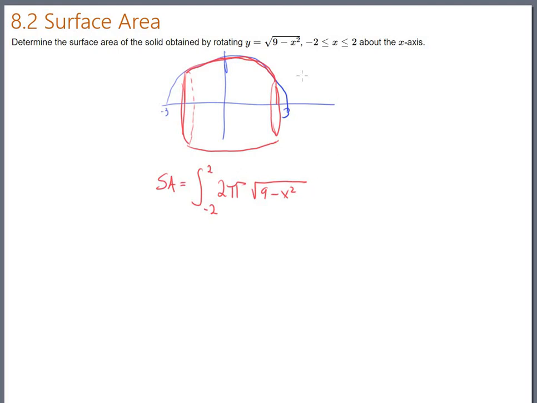Maybe I should have figured that out first, but here we need the square root of 1 plus the derivative of the function squared dx.